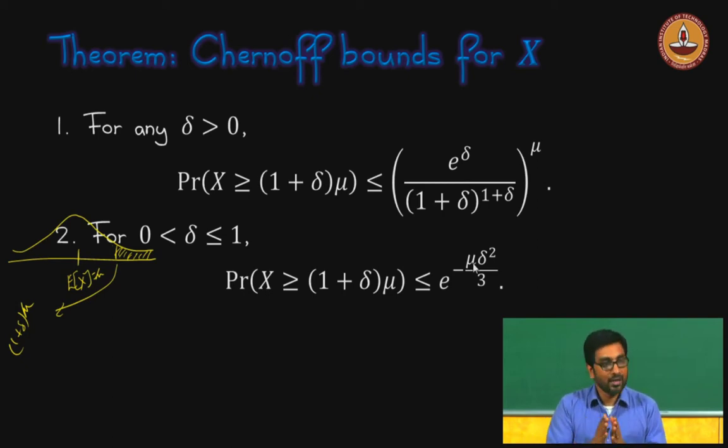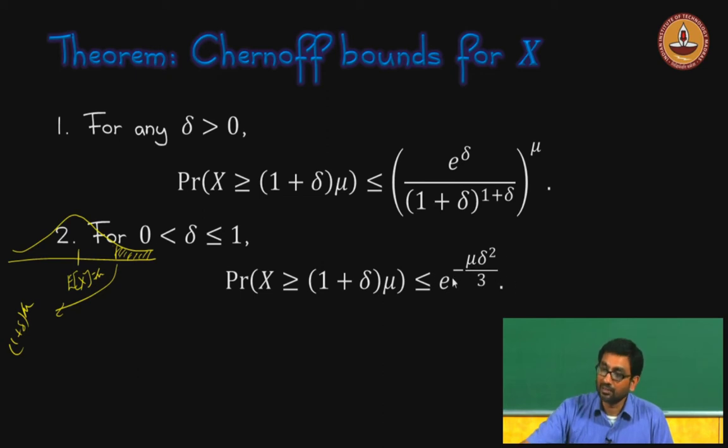So as the mean increases, the probability decreases exponentially. That's the power of these Chernoff bounds. The probability of deviating from the expectation, this tail bound, drops exponentially.